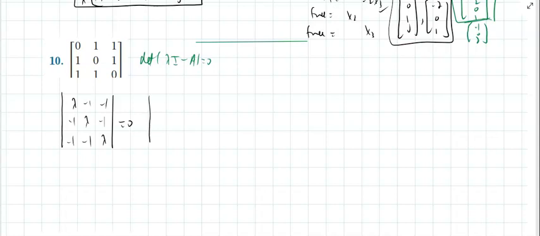And to find the determinant, you could pretty much use the shortcut if you want. You could pick a row or column. I don't know, probably let me use the shortcut.